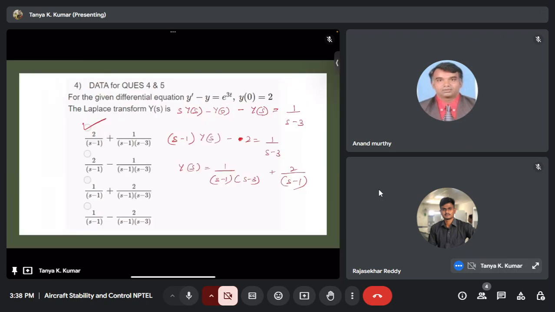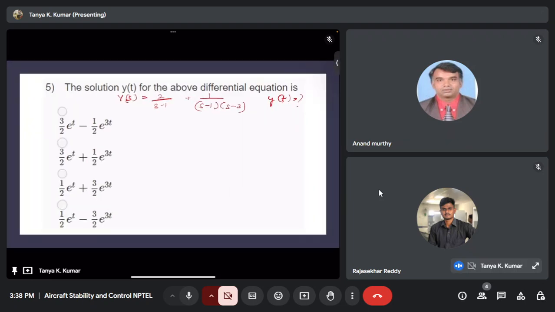Now you take the y of s equation as partial fractions, and then you can simply apply the inverse Laplace transform and find it. So just write y of s, that's 2 by s minus 1 plus a by s minus 1 plus b by s minus 3.